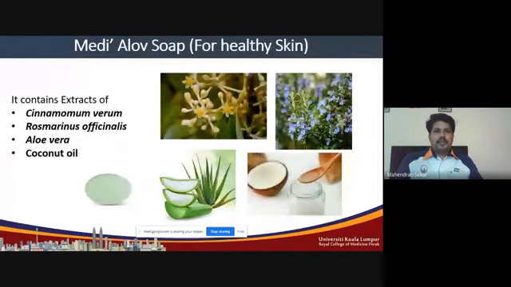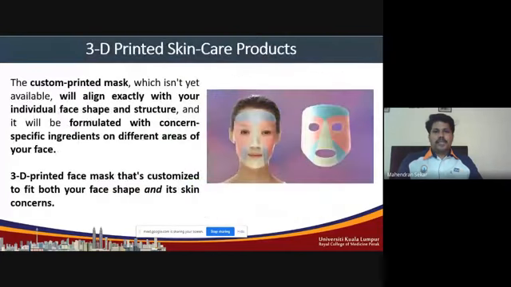And this one is Medi Aloe soap, which is made up of 4 ingredients, including cinnamomum verum, rosmarinus officinalis, aloe vera, and coconut oil. And this is one of the recent innovative products, but this one is not currently available in the market. This one is a 3D printed skincare product. So this is a 3D printed mask. In a normal mask available in the market, only one ingredient or group of ingredients is present in all parts of the mask.